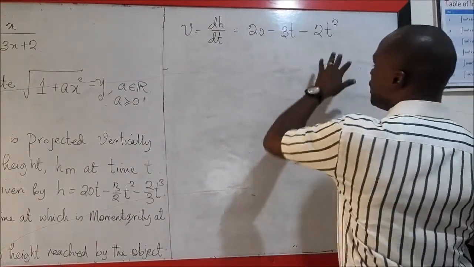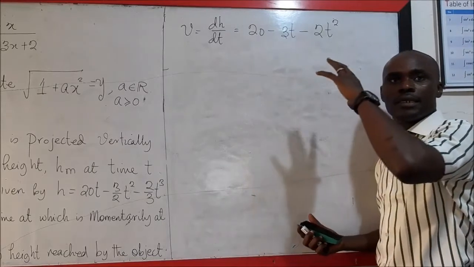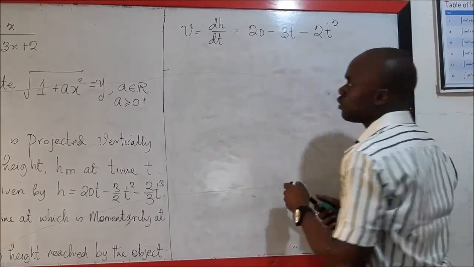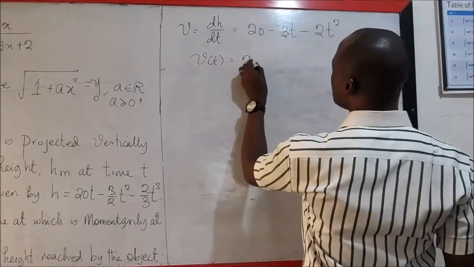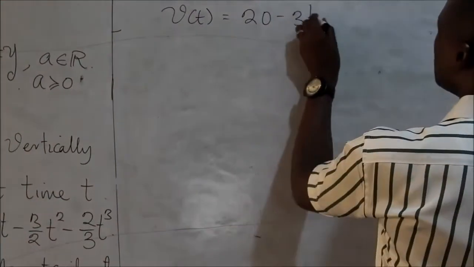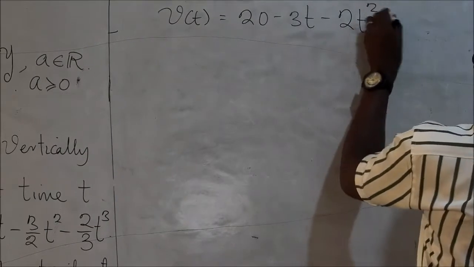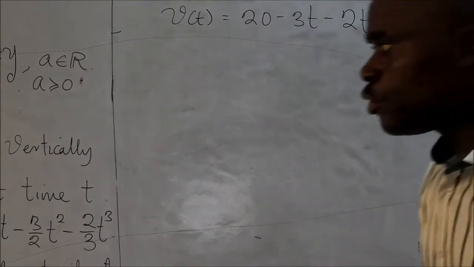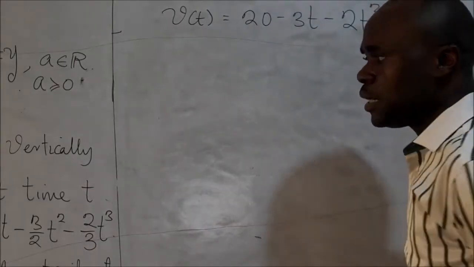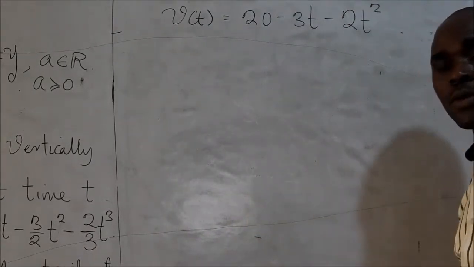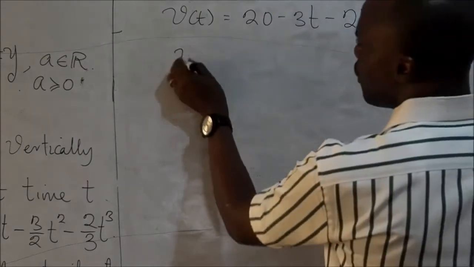So this is actually the function that represents the velocity. The velocity here is a function of time, which is 20 minus 3t minus 2t squared. At the point where it's at rest, this is equal to 0, where there is no more change in the height.